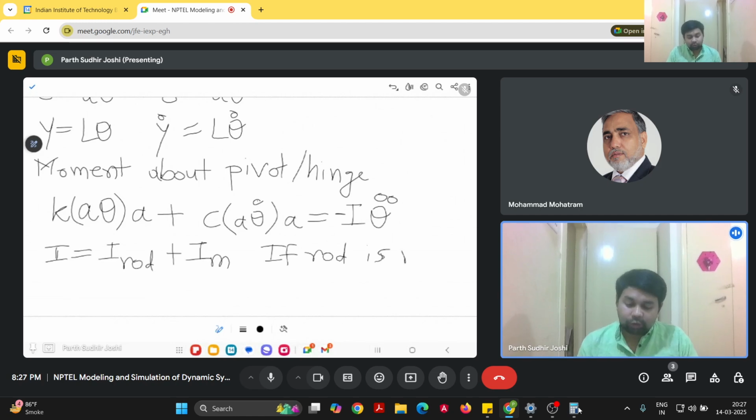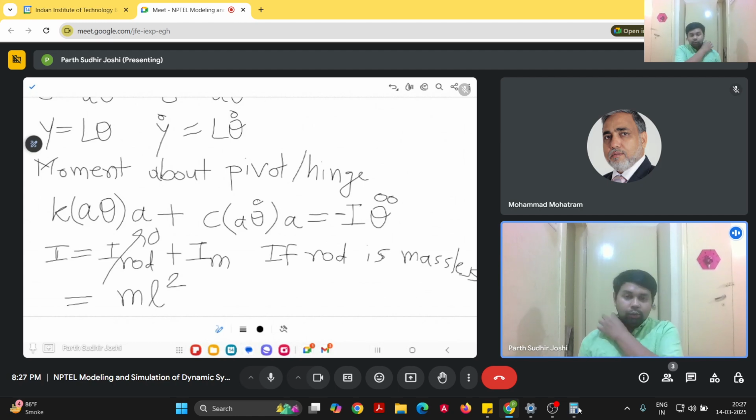So the moment of inertia of the rod is 0. And the moment of inertia of the mass about the hinge will be mass into the distance from the pivot squared, so m L square.